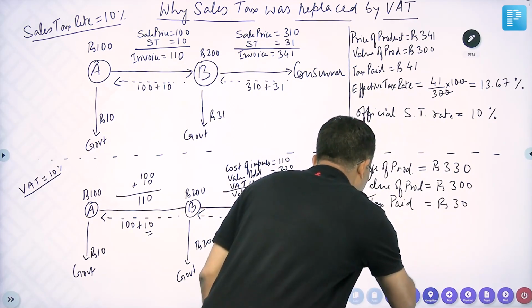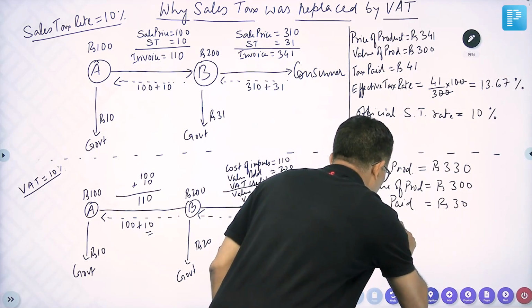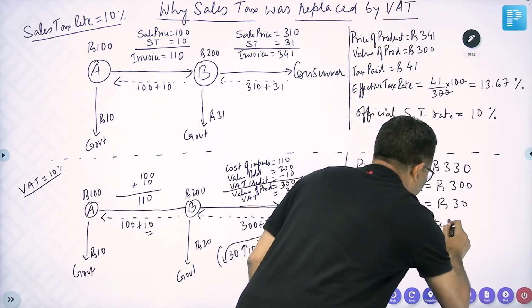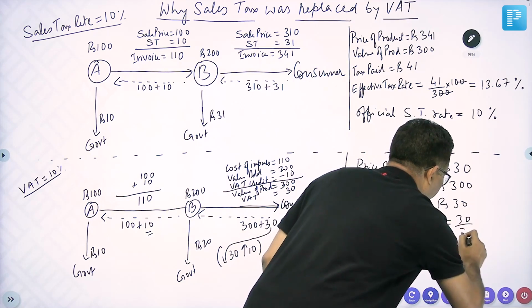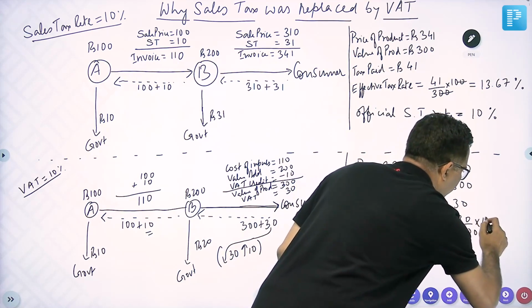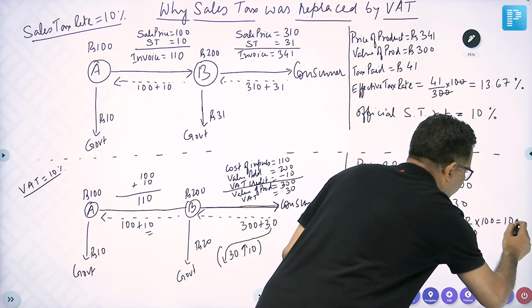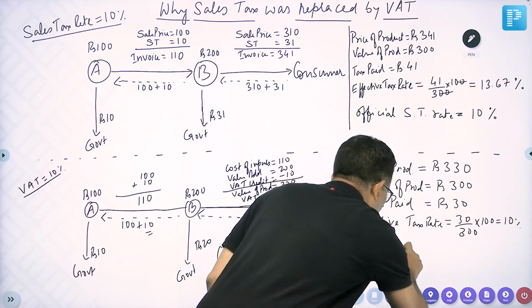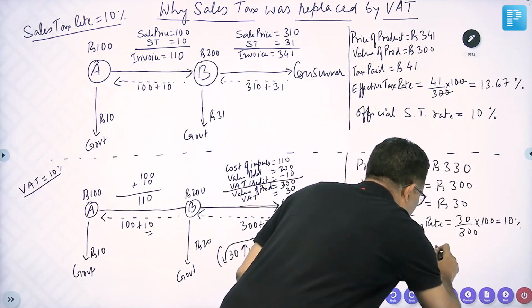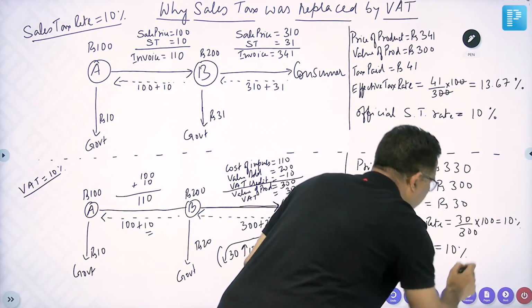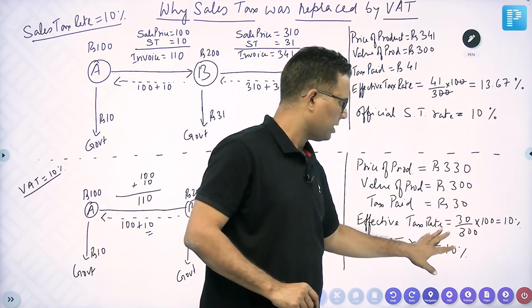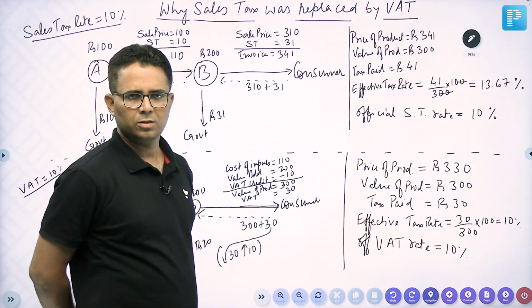Effective tax rate 30 upon 300 into 100 is equal to 10%. Official VAT rate 10%. So there is no difference between effective tax paid by the consumer and the officially declared VAT rate.